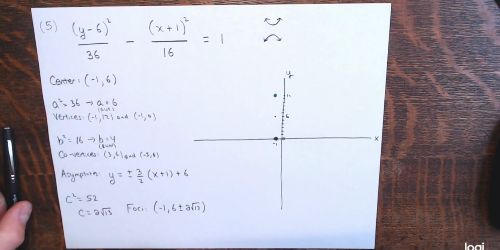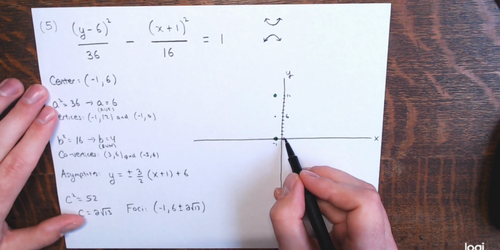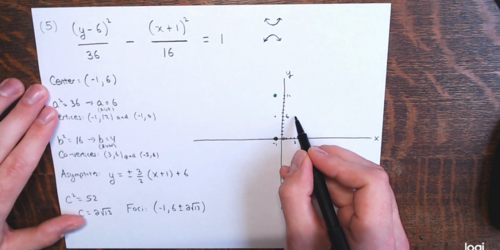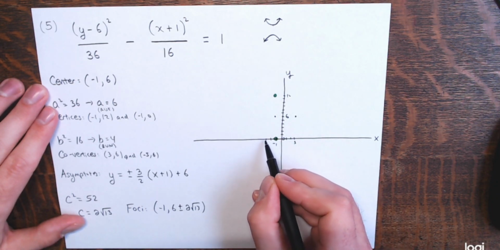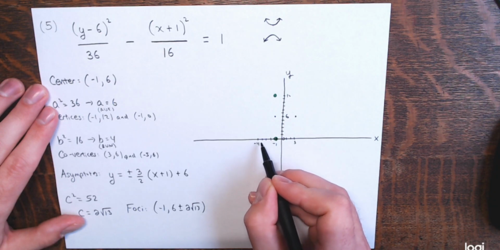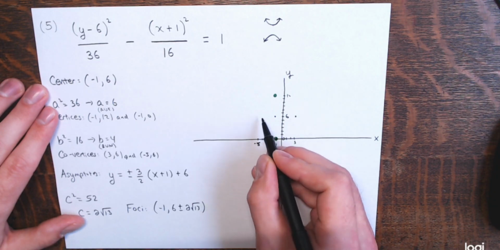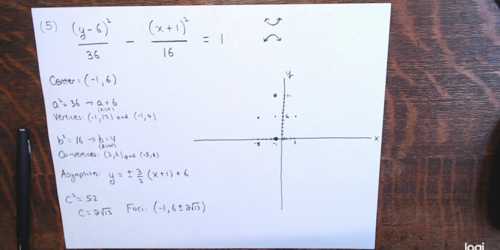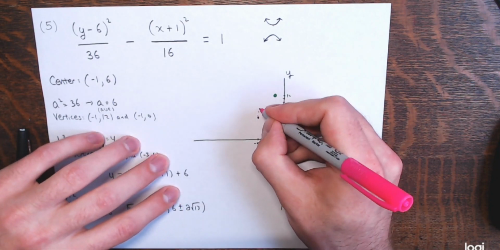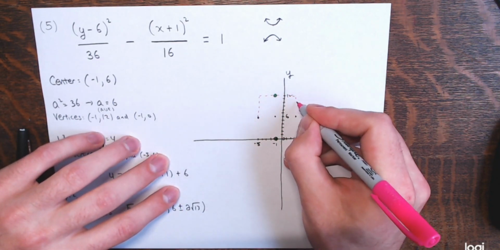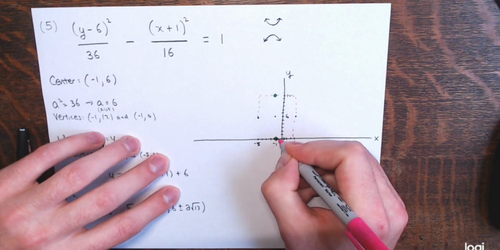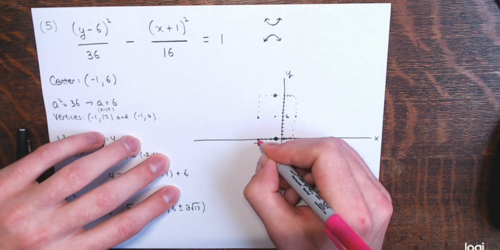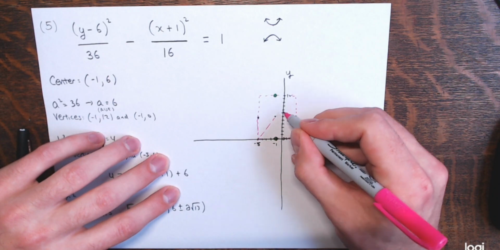Then the co-vertices at 3, 6 and negative 5, 6. And then once I got those in, I can make my rectangle that contains the vertices and co-vertices, and then through the corners, make the asymptotes.